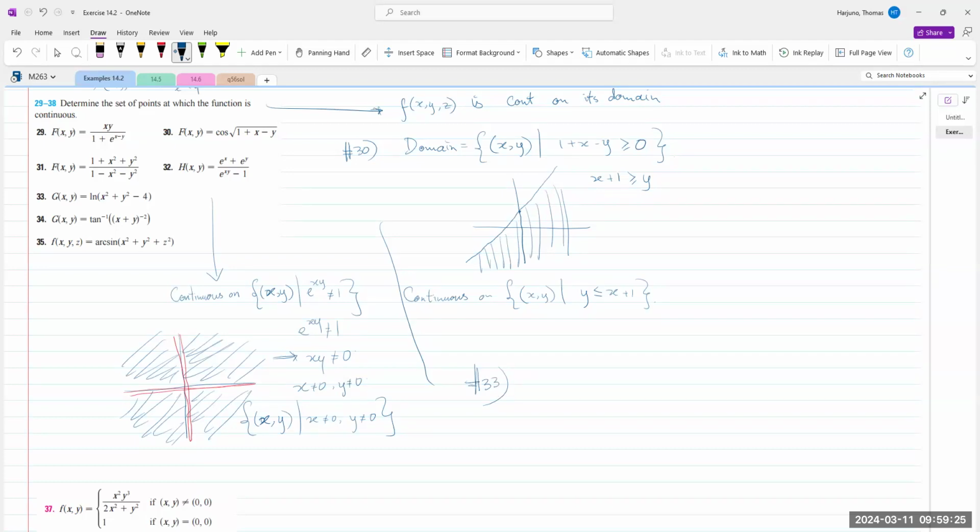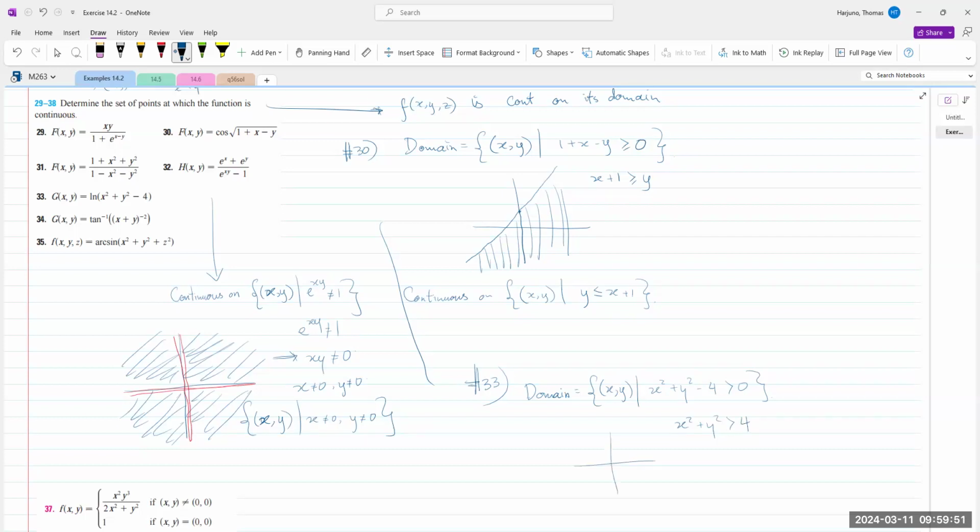So the domain is all xy where x squared plus y squared minus 4 must be strictly positive. In other words, x squared plus y squared has to be greater than 4. That's where it is continuous.